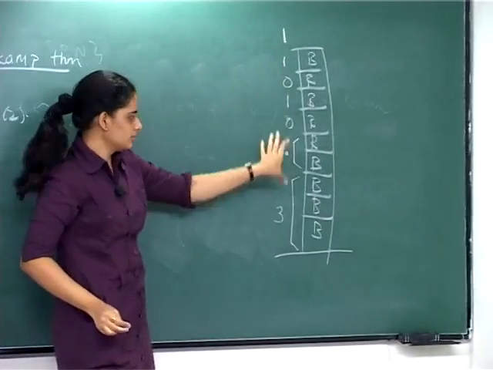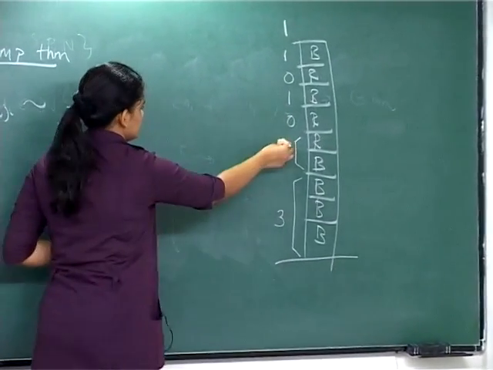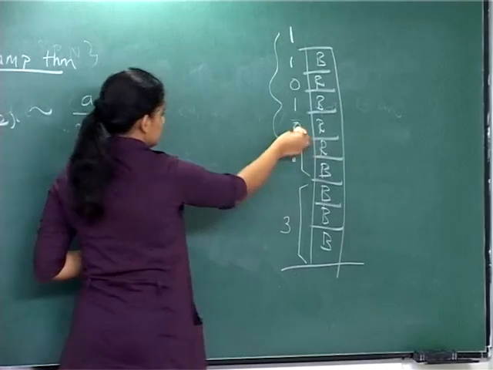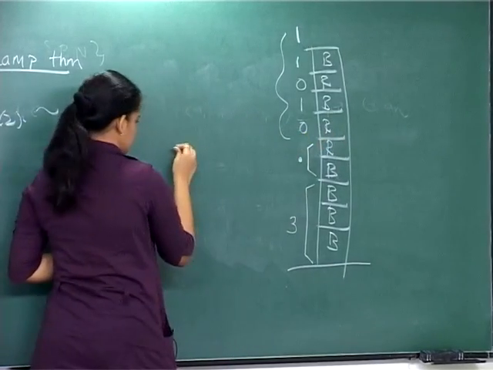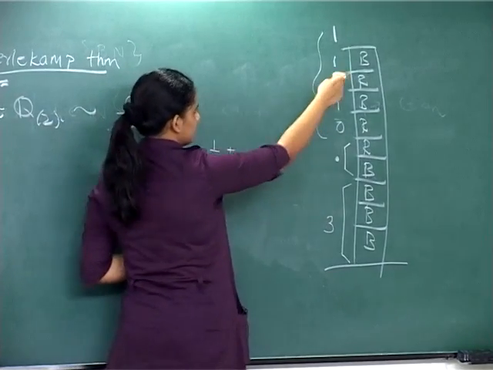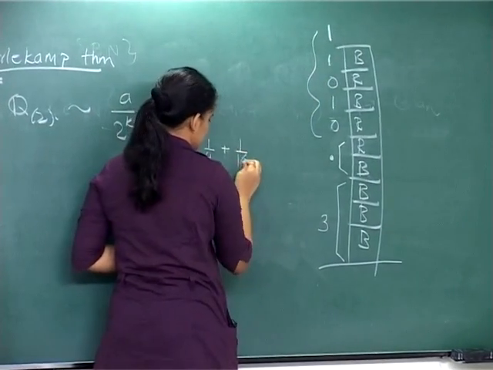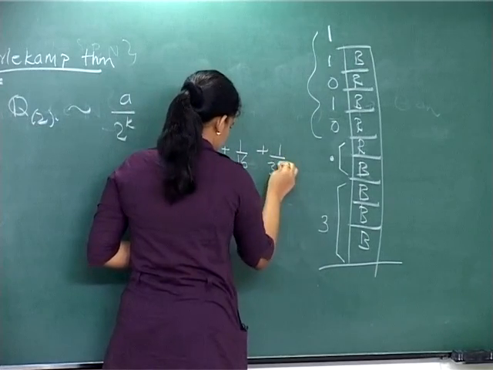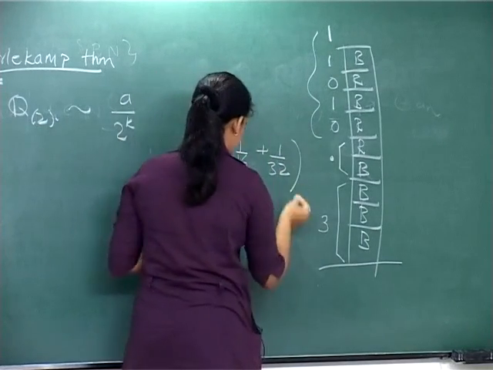3.01011. What it means is this fractional part I can calculate as 0 times 1/2, then 1 times 1/4, plus 0 times 1/8, plus 1 times 1/16, plus 1/32.